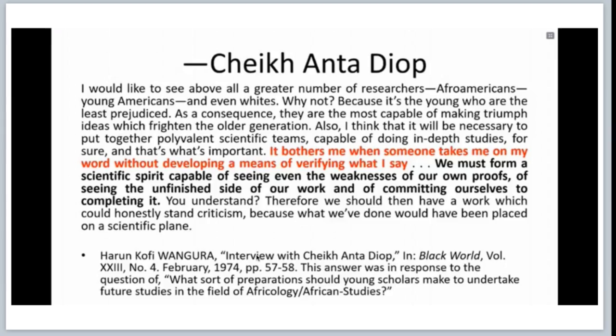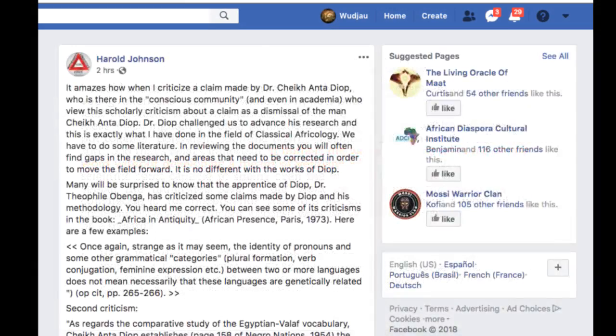And before I do that, let me share what Asar Motep posted 2 hours ago. All right. And this is interesting because people are crying that we're saying that Cheikh Anta Diop was wrong on his opinion and assumption that the word Kemet means black people. And so people saying, how dare Asar or how dare whoever challenge Diop and so on and so forth.